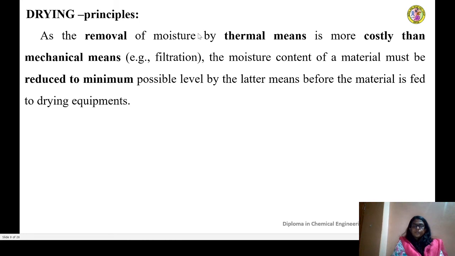So filtration is also an operation where water from the solid material can be removed. So the moisture content of the material must be reduced to minimum possible level by using mechanical means before you feed the material to the drying equipment for removing the remaining traces of moisture by utilizing thermal energy.